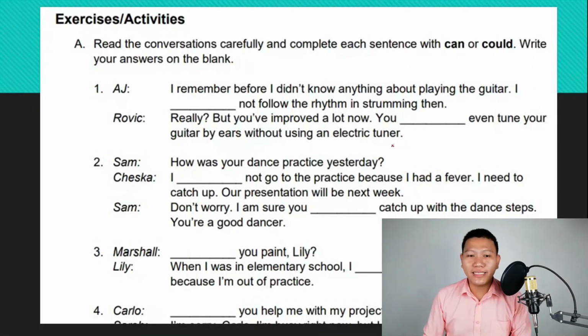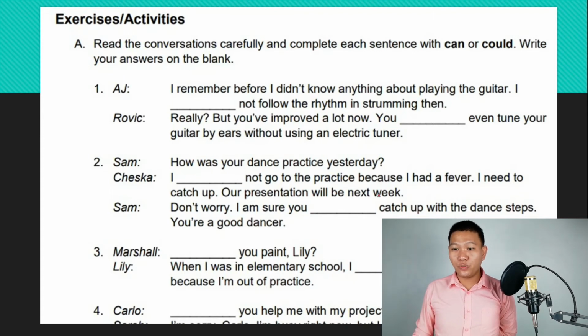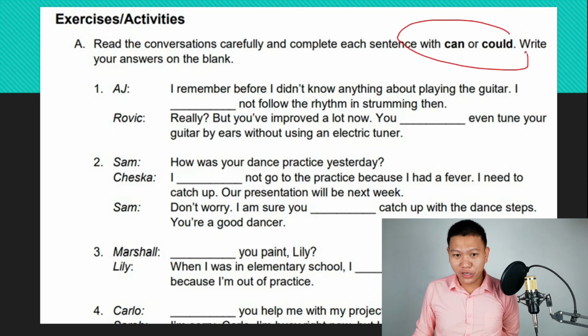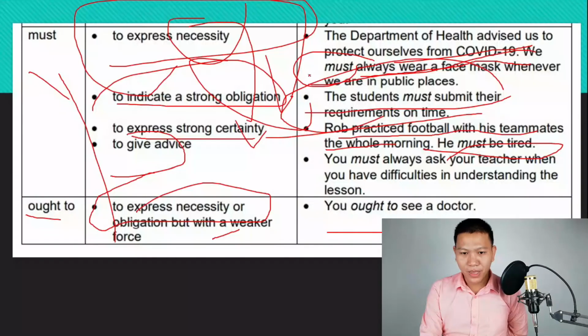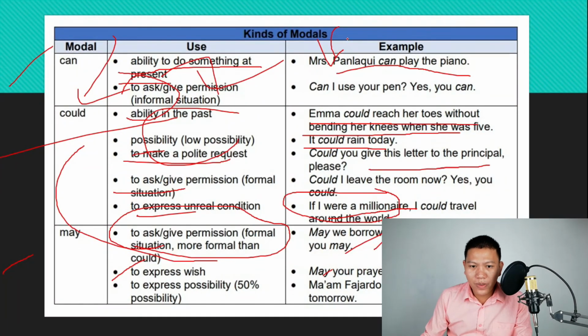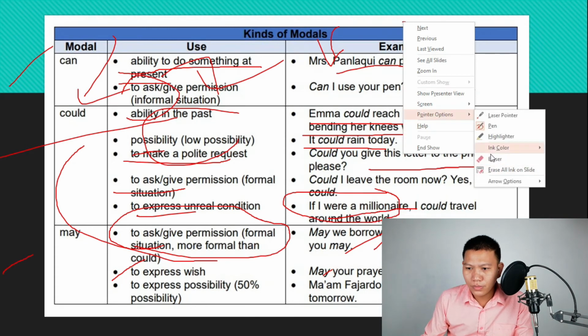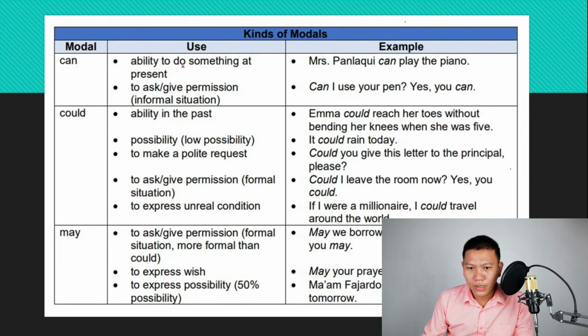Okay, exercise A. Read the conversations carefully and complete each sentence with can or could. Write your answers on the blank. So let us recall how we use them. Can or could. Can, ability to do something that is happening at the present.